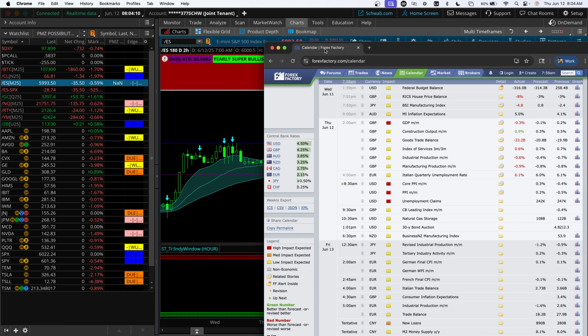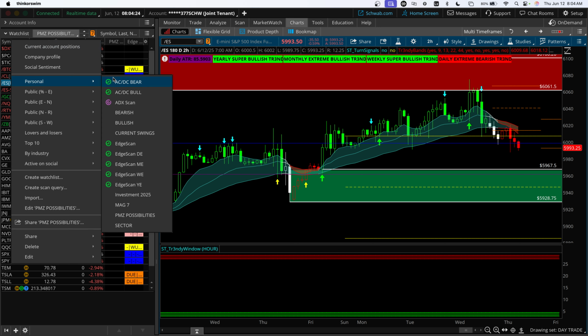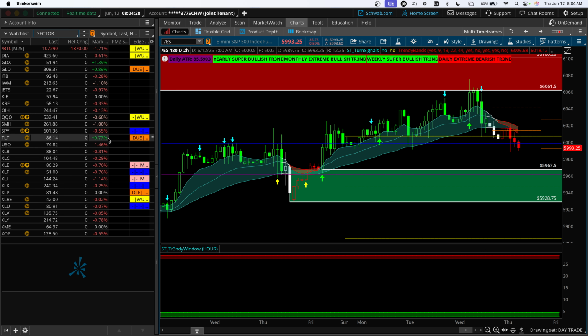After that, I want to know, okay, I know that ES is pulling back. We're showing some weakness this morning before the bell. What sectors in the market are holding up the best and which ones are really getting hit?